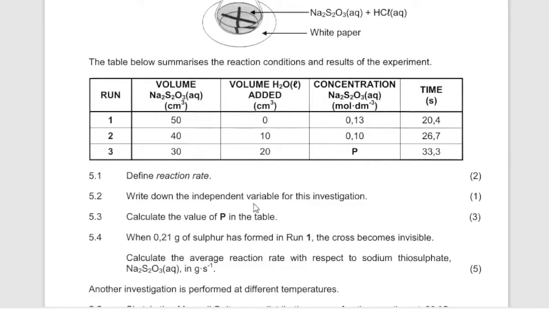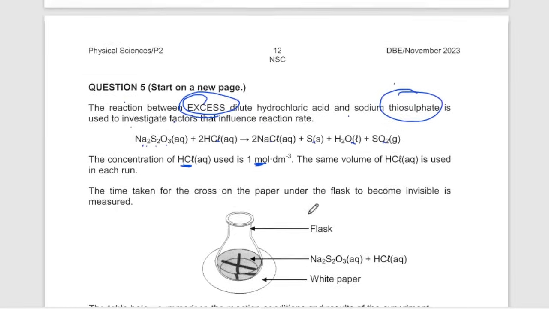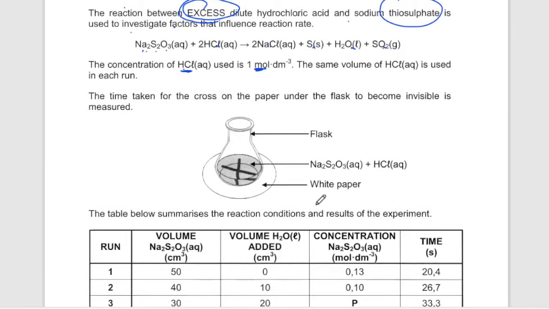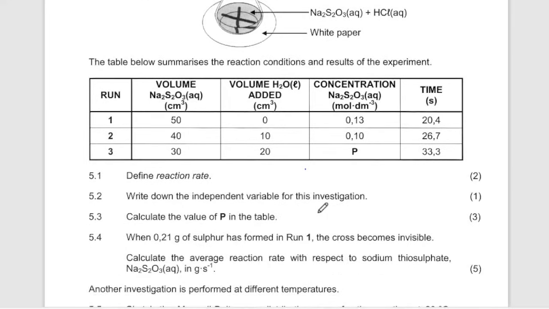Write down the independent variable. Here, for the independent variable, basically we look at what is changing in this experiment. And based on what I see here, the volume of sodium thiosulfate is changing: 50, 40, 30. And also the concentration is changing.